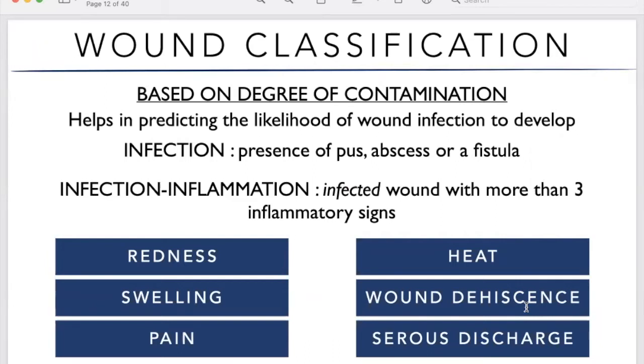Redness, swelling, pain, heat, loss of function, but we'll include, with a surgical approach, wound dehiscence, bumukas ulit yung wound. Nagtahi ka, and then natanggal yung suture, bumuka, kumbaga. That's wound dehiscence. Or the presence of serious discharge. All right.